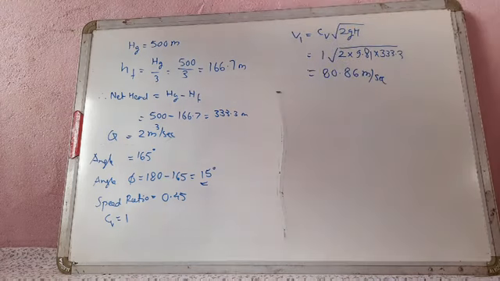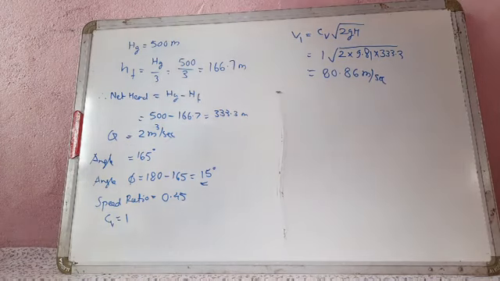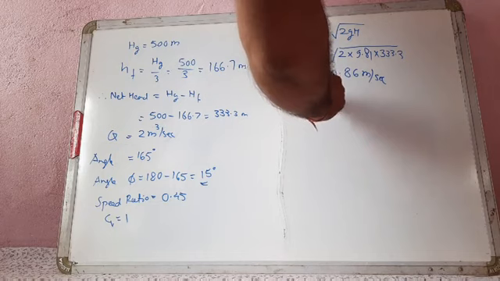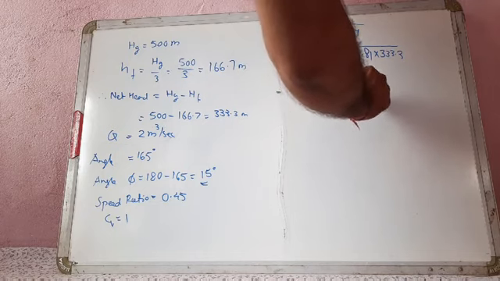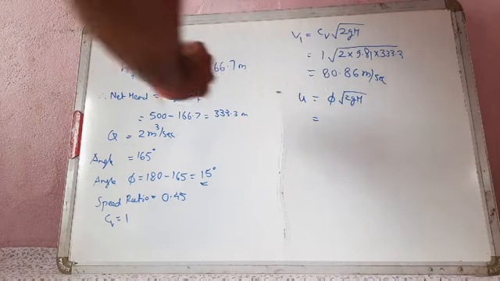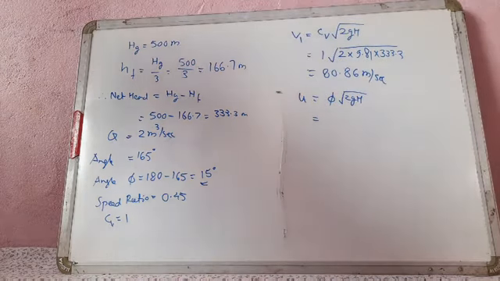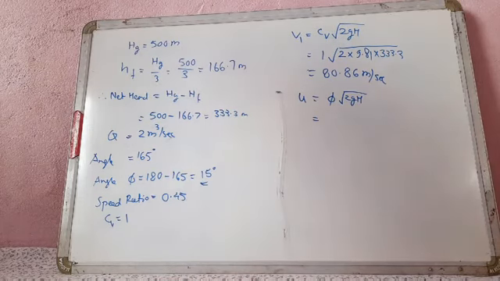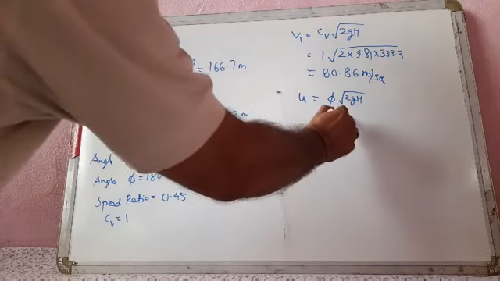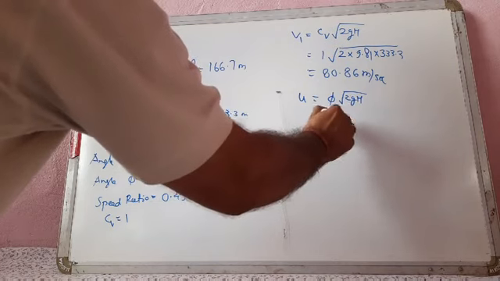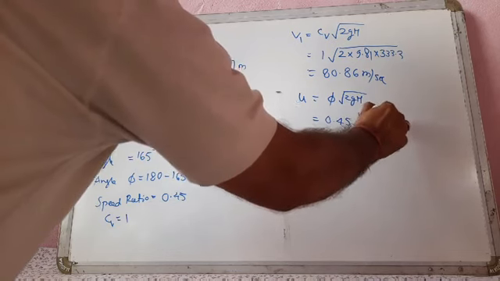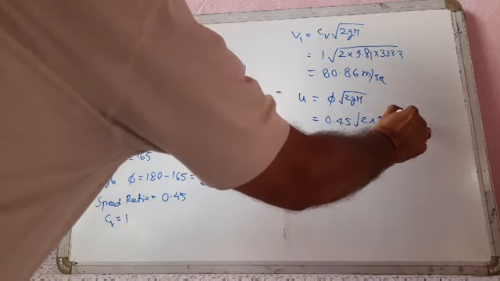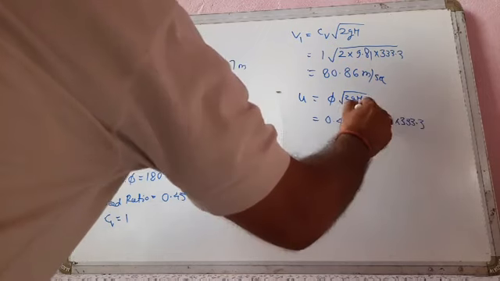Now we have to find out the velocity of wheel, U equal to phi root 2gH. The value of phi is 0.45, so 0.45 into root 2 into 9.81 into 333.3.